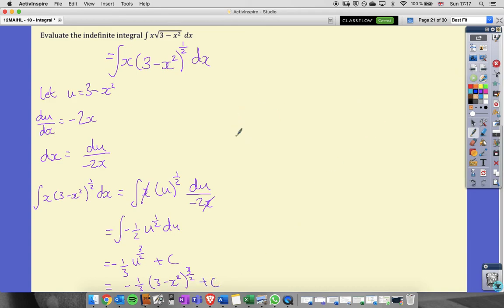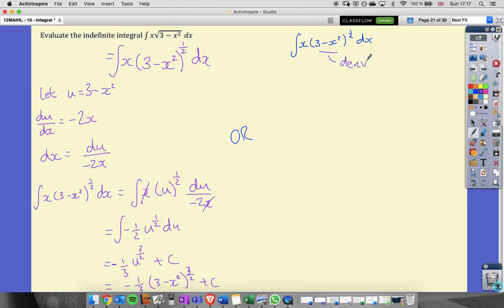Okay, finally we'll look at the alternative method. So I'm just going to start off the same way, considering our functions. This is the inside function. The derivative of the inside is negative 2x. Okay, I'm just going to write that here.